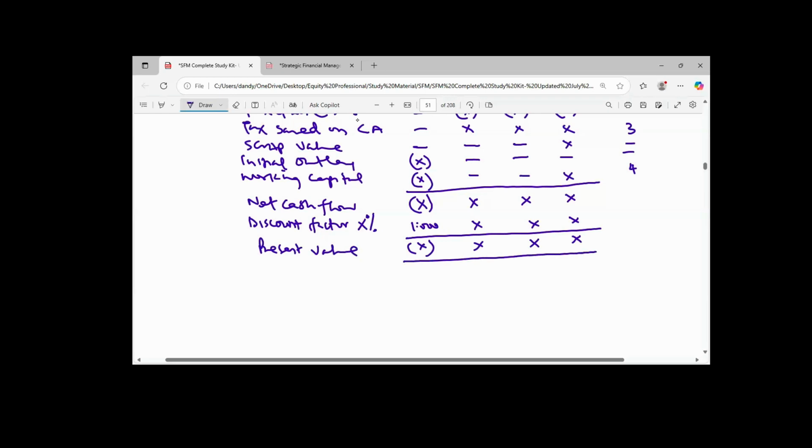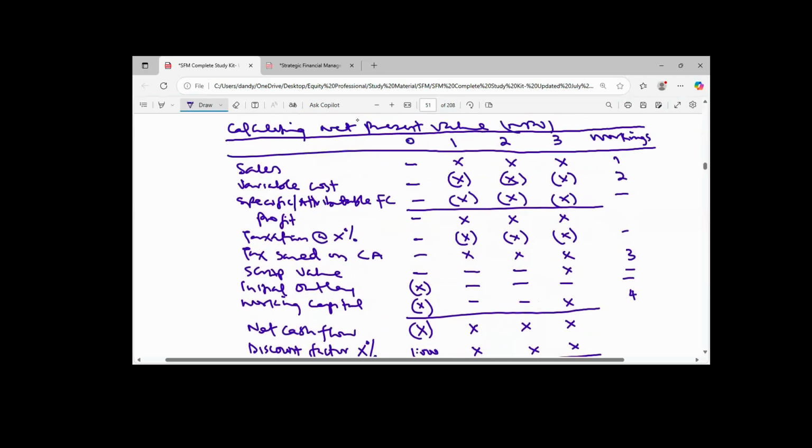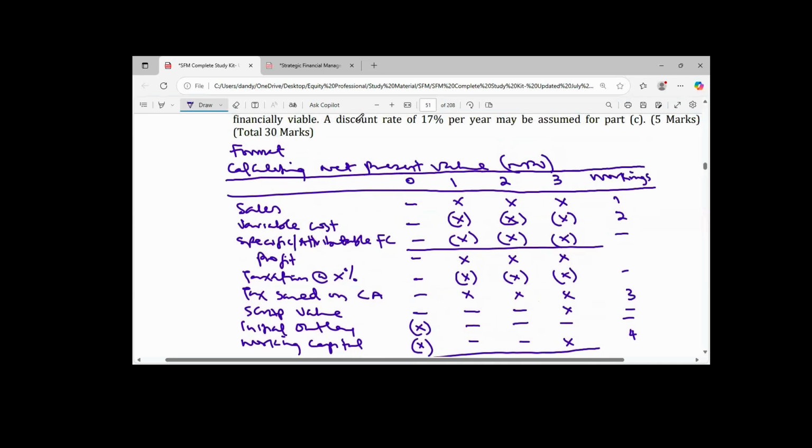That's it. So NPV could be positive or negative. This is the net present value. All right, so this is the columnar format that you can use to compute the net present value.